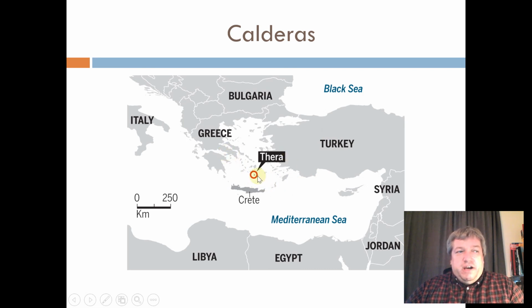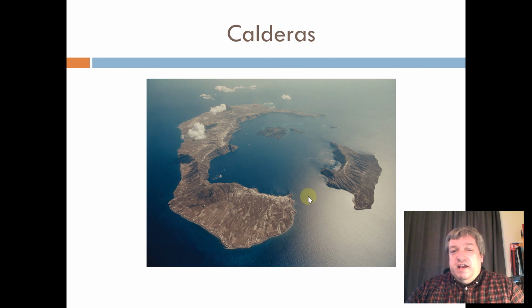The explosion was so large it created tsunamis that basically destroyed most of the cities around it. And many people think that might have been the original inspiration for the myth of Atlantis, because there was a city we find on the flanks of it that was buried under all this lava, and basically this island disappeared beneath the sea. So many people think that eruption might have been the basis for the myth of Atlantis.